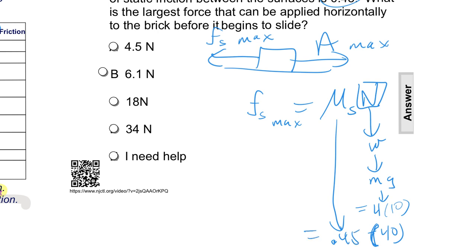So basically, 0.45 times 40. Let's see, 0.5 times 40 is about 20. So the one closest to 20 should be that one.